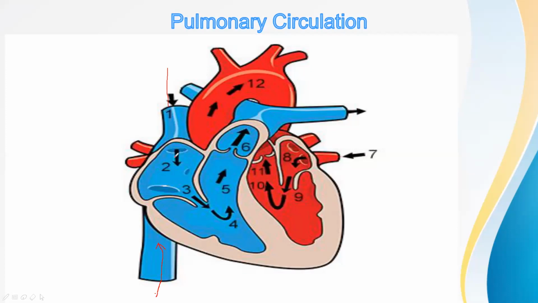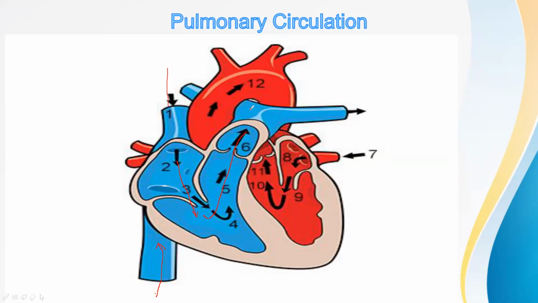From the right atrium, oxygen poor blood enters into the right ventricle. So then after that, oxygen poor blood goes to the lungs through, so here this we call as a pulmonary artery.